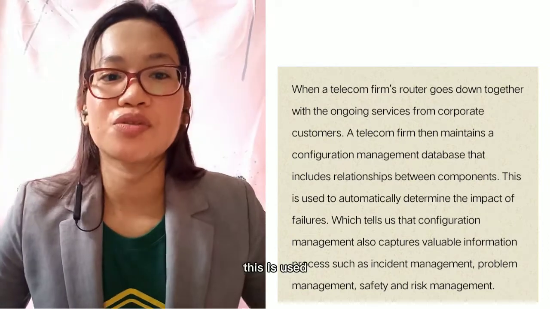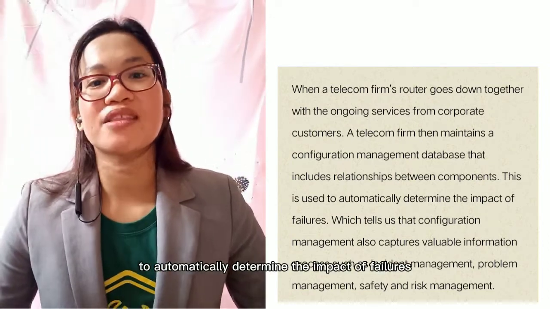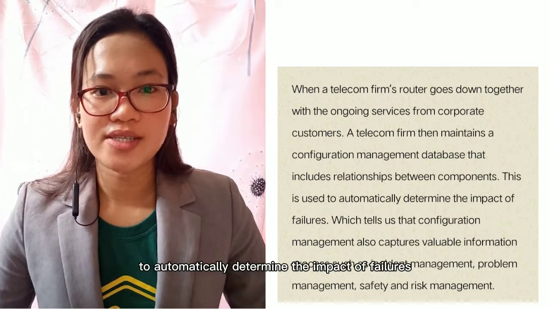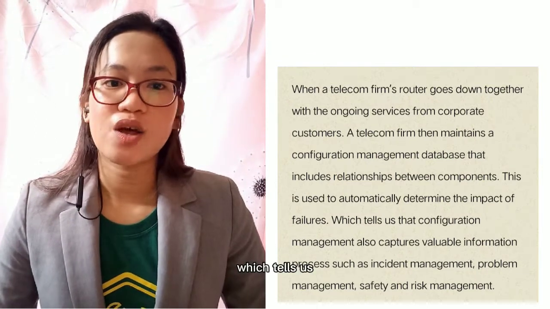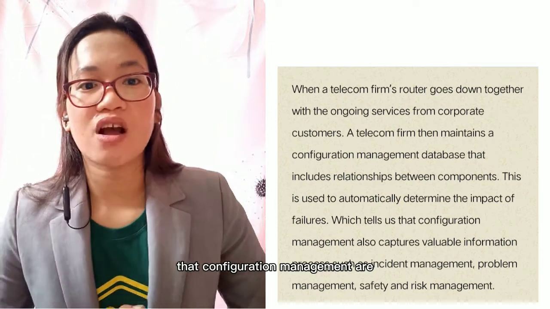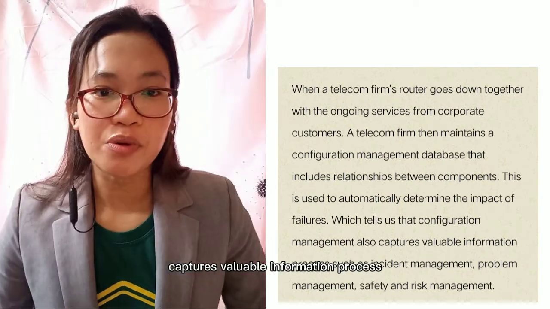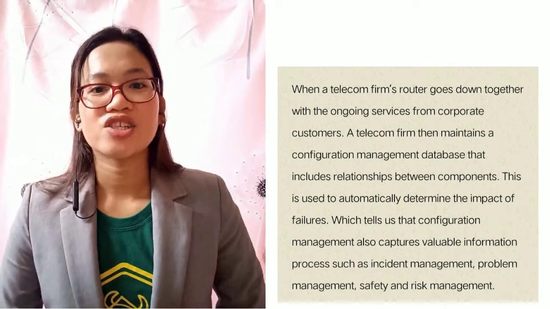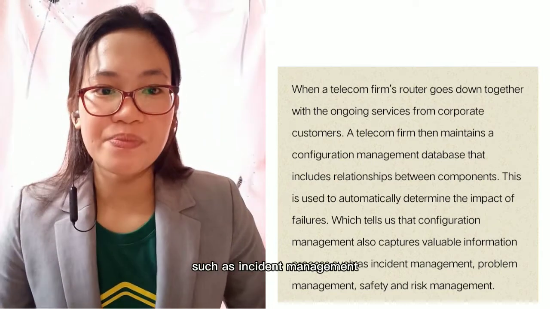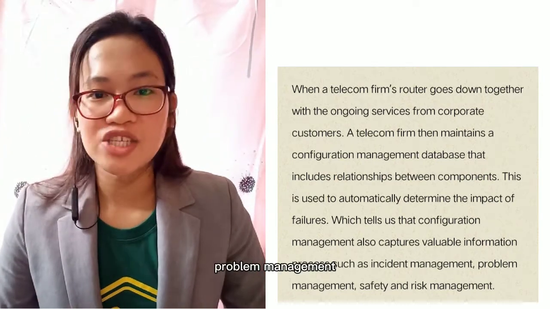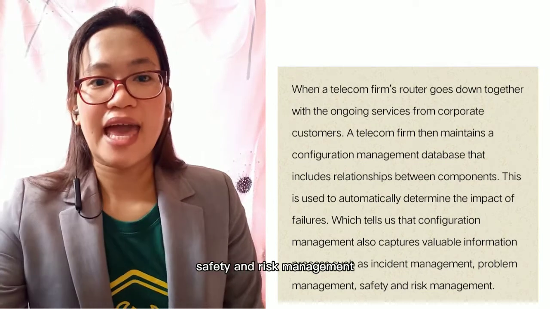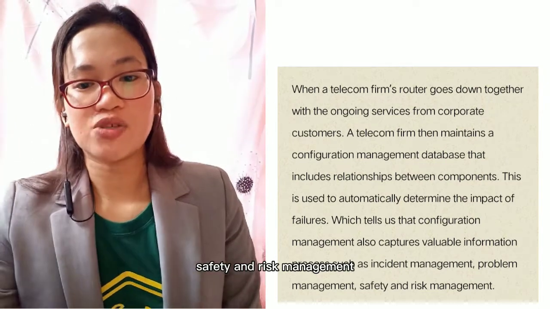This is used to automatically determine the impact of failures, which tells us that configuration management captures valuable information for processes such as incident management, problem management, safety, and risk management.